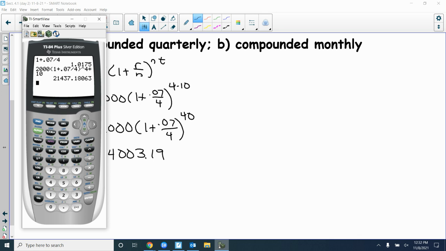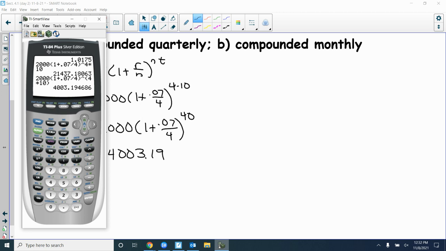It's taking it to the 4th power and not the 40th, and then it's taking the answer times 10. Some of your newer ones automatically put it in the little box up there, so you don't have to worry about it. If it doesn't, you either need to multiply it by hand or put those in parentheses. So I can make this 1 plus 0.07 divided by 4, to the (4 times 10). If you do that, that'll take care of that problem.